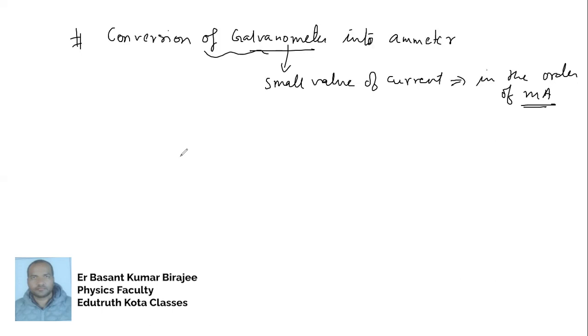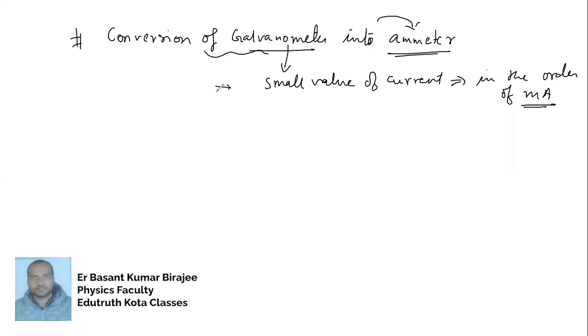So we have to convert this into another device in order to measure a large value of current, and so we are studying this conversion and how to convert a galvanometer into an ammeter. So we saw if the value of current is large, torque will be very strong and it can damage the galvanometer.